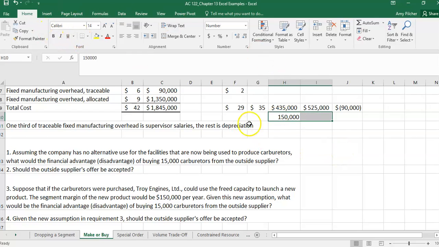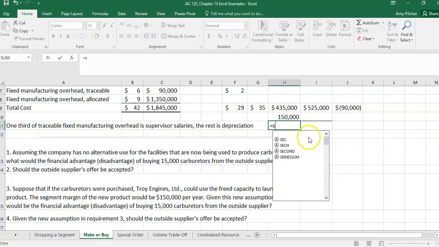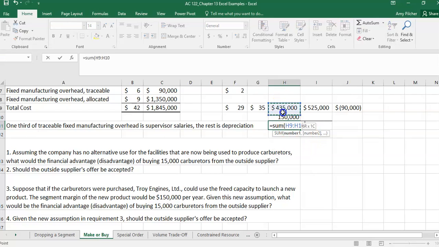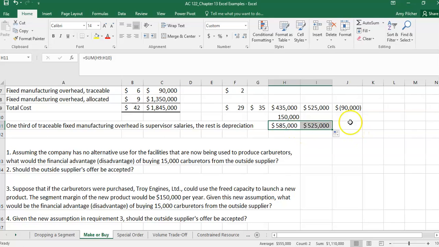So now the cost to make them is $585,000. Well, the cost to buy them is $525,000. Now the difference is $60,000.